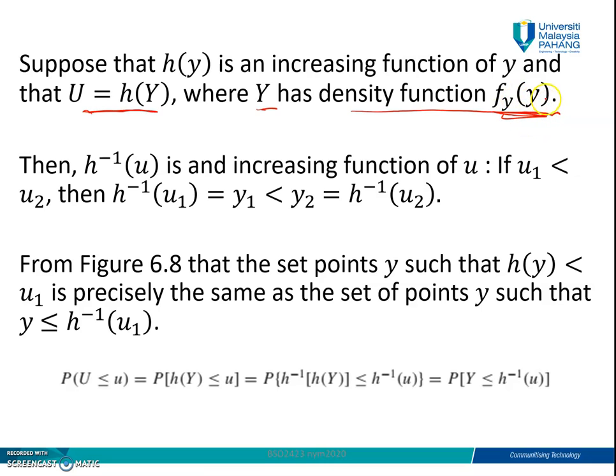When we have a function of Y, then the density function of Y will be f_Y(y). Then the inverse function h inverse of U is an increasing function of U, which is if U1 is less than U2, then the inverse function of U1 is less than the inverse function of U2.